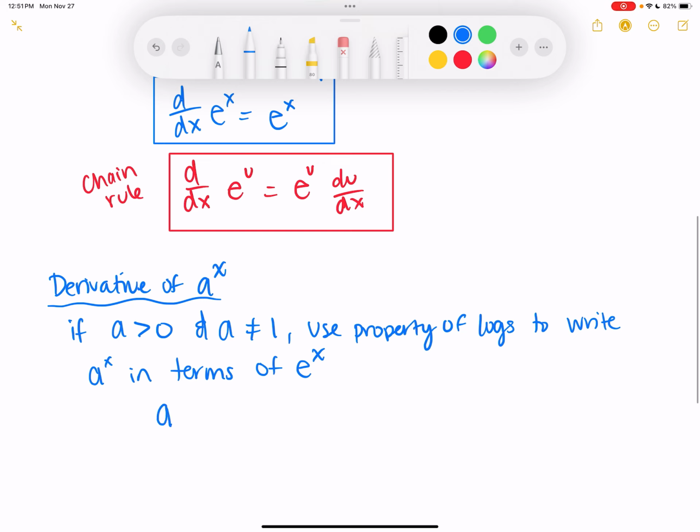So a to the x is equal to e to the x ln of a.